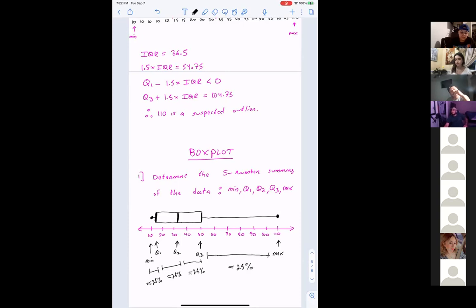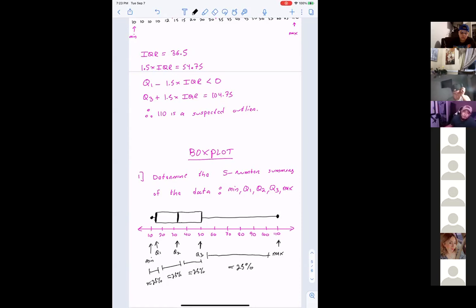Between the minimum and Q1 is roughly 25%. By the way, that's why it's called the first quartile, because it takes the first quarter of the data. Between Q1 and Q2 is another 25%, the second quartile, the second quarter of the data.